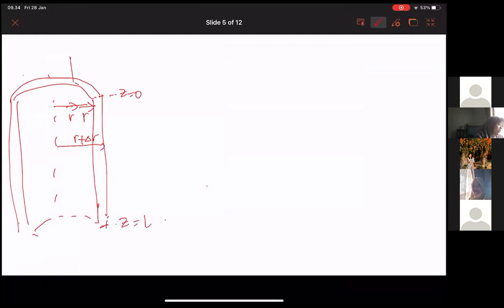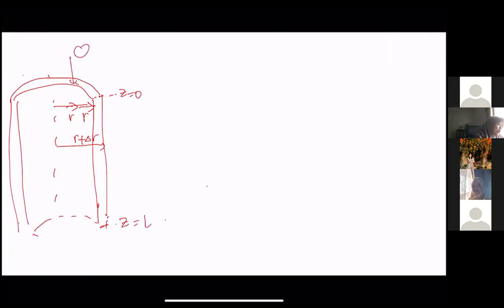Okay, so we can start first with here, which is C_zz at z equal to 0, and the outer one is C_zz at z equal to L. So we have C_zz at z equal to 0 multiplied by the area. What is the area here?